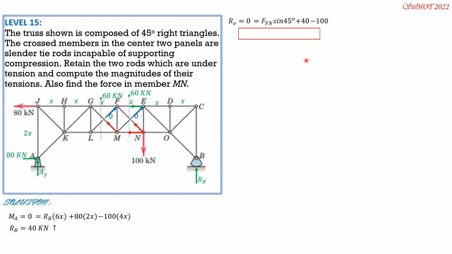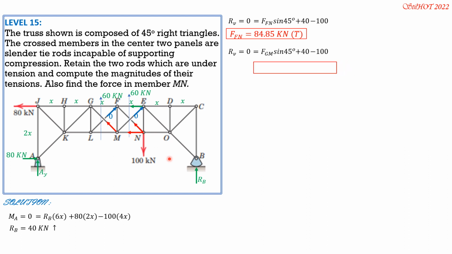So from there, we can solve FFn is equal to positive, of course, because it is a tension member, 84.85 kilonewtons. In the same manner, we can show that FGN is also 84.85 because the equation is the same, R vertical equals 0. So FGM sine 45 vertical component plus 40 minus 100, then FGM is also 84.85 kilonewtons tension.